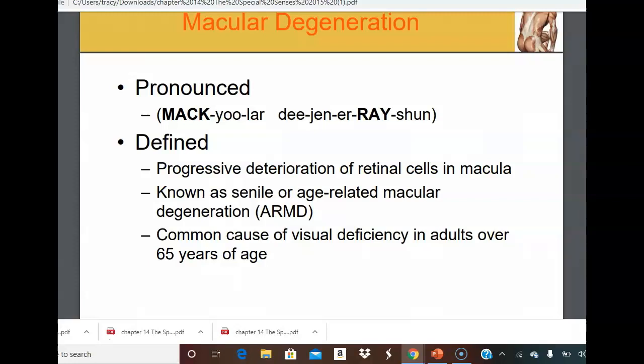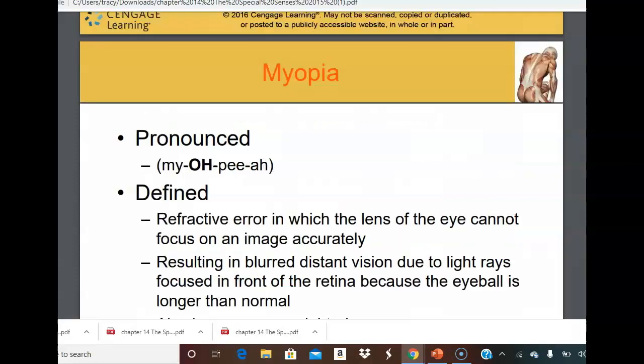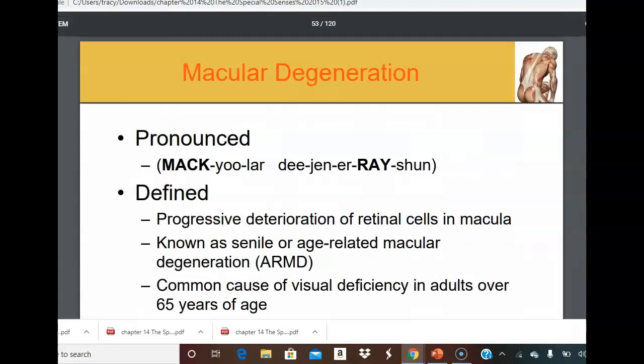Now, macular degeneration. Macula, remember, is the area where the fovea centralis is located. The fovea centralis sits right in the middle of the macula. And if that area starts to degenerate, and the cells in the fovea are destroyed, then we can get something called age-related macular degeneration. It is more common over 65. What ends up happening with these individuals is they maintain their peripheral vision, but they can't read very well.